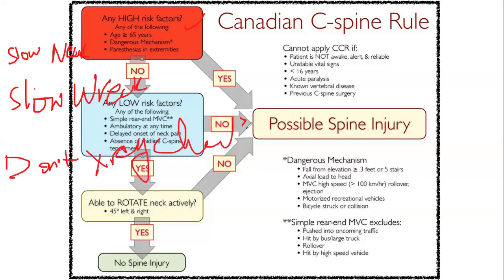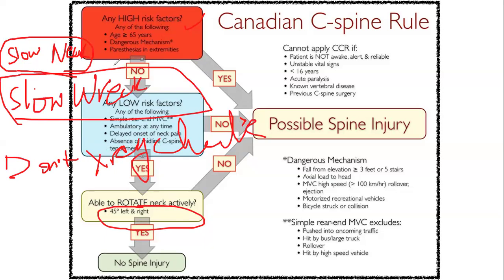What does it mean? Slow neck means the patient is able to move the neck slowly, but he's able to move it and has no pain. Like in this case, he is able to rotate 45 degrees right to left. Slow neck means not a dangerous mechanism of injury. The mechanism of injury was a low energy force. Then you do not have to go for an X-ray check.